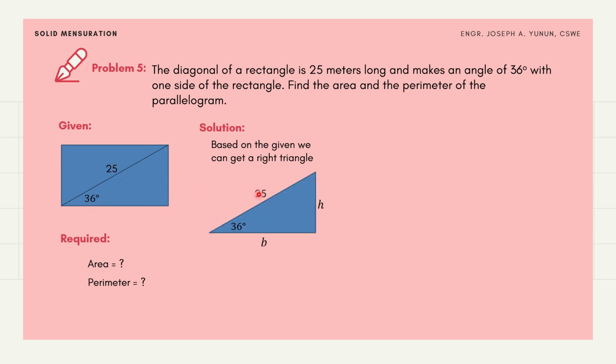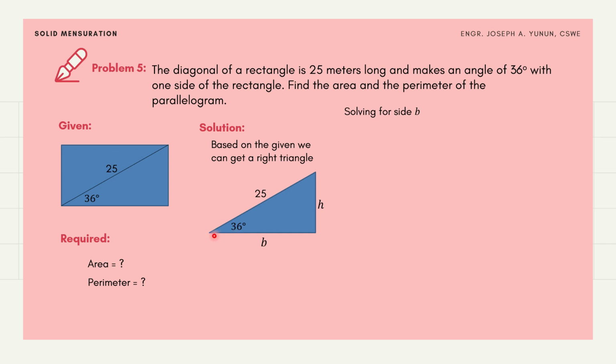So you have 25 as your diagonal and an angle of 36 degrees. I'll place base and height as shown here. Solving for side b, I only have one side given and an angle, so I can use a trigonometric function, probably cosine.